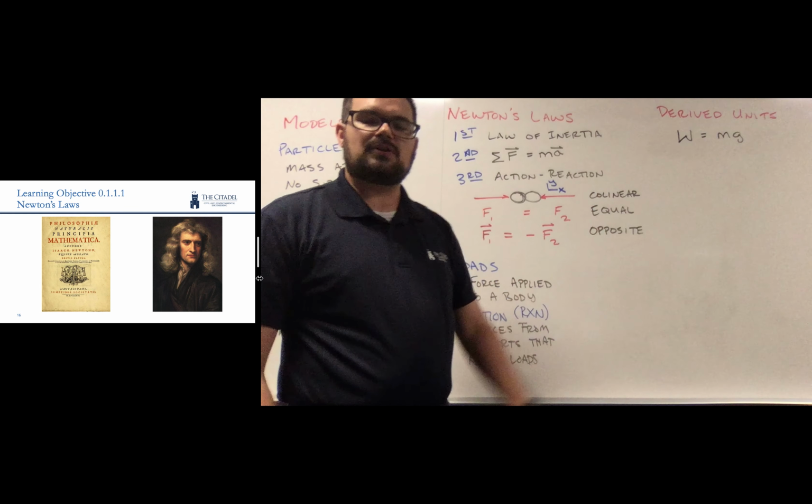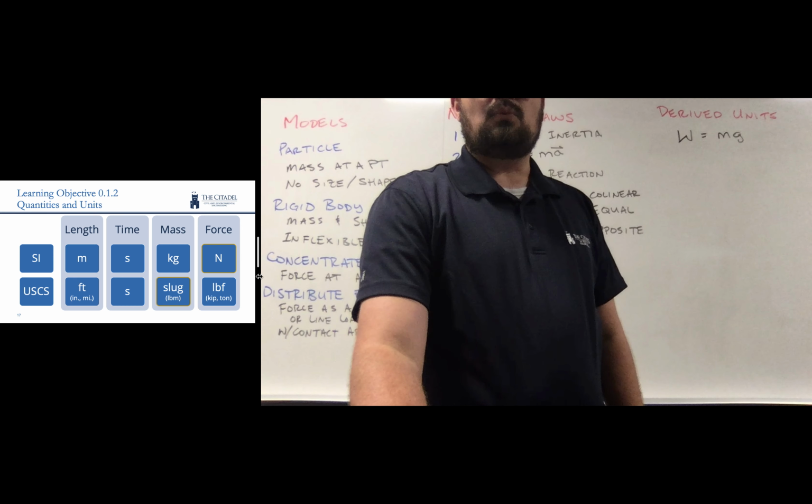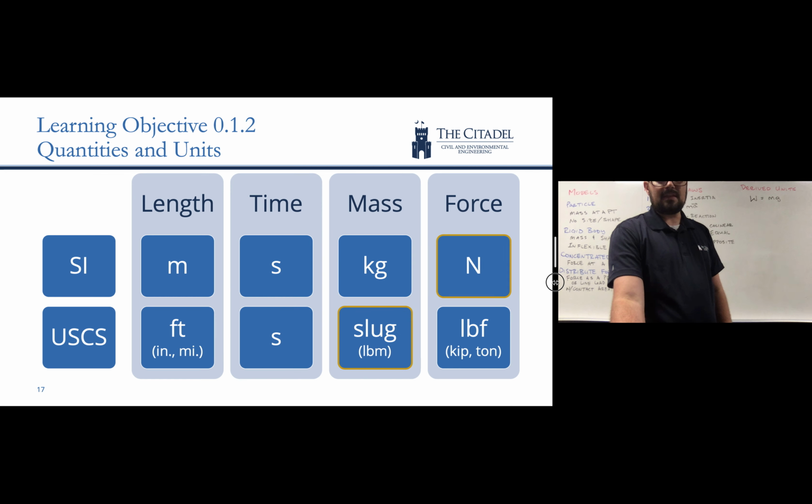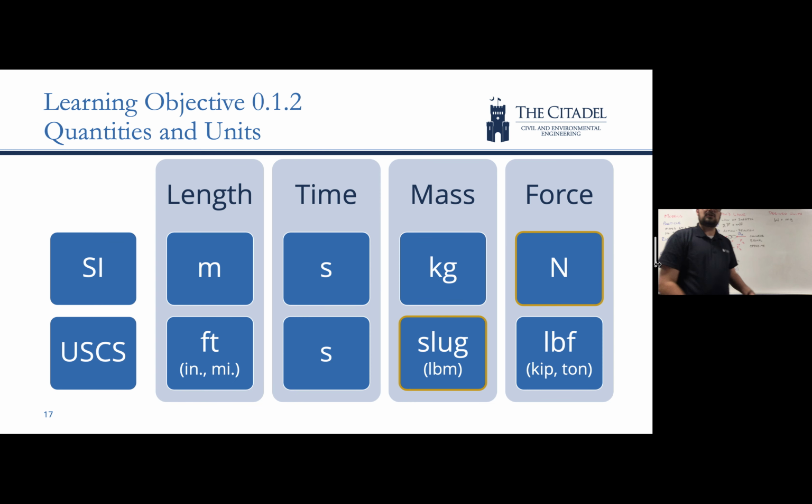Now I've written that over there underneath derived units because I want us to walk through the various types of units that we have. So when we think about our various types of units, we've got two systems of units. We have SI, which is the international system of units, and we have the US customary units, which is the US form of units. You may be familiar with one more than another, but we'll notice that in each case, we're going to have to measure length. SI uses meters, the US customary uses feet.